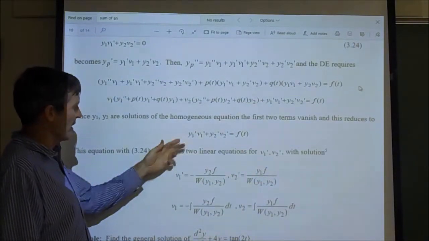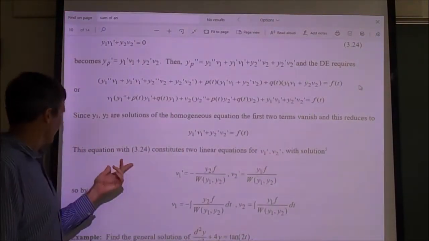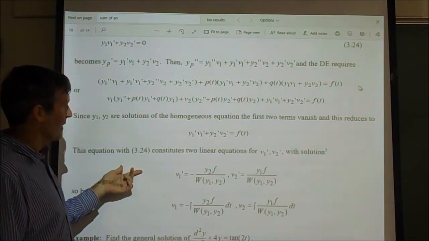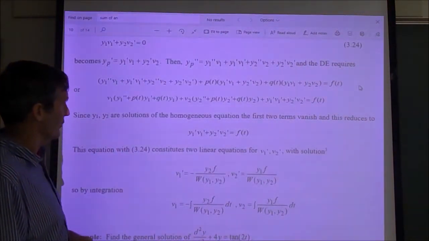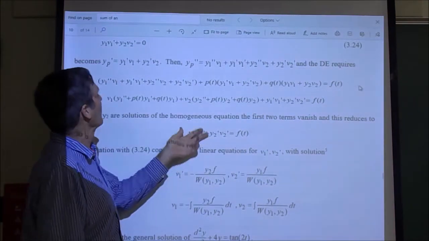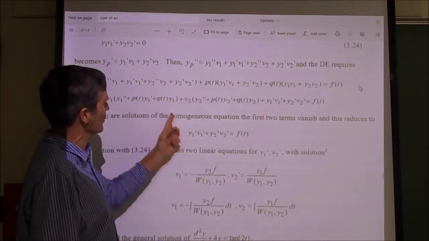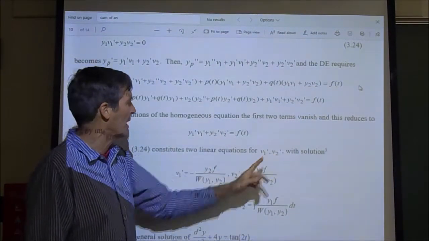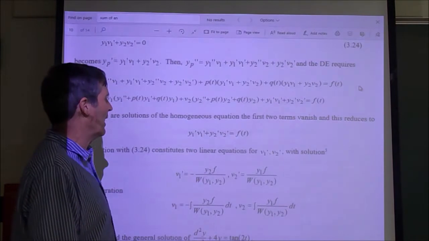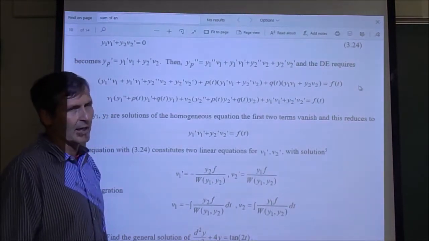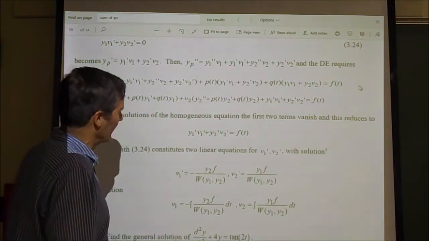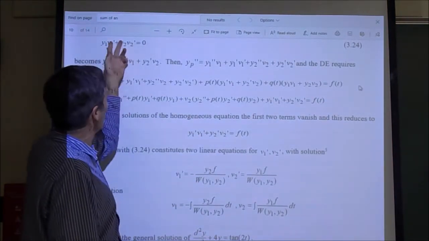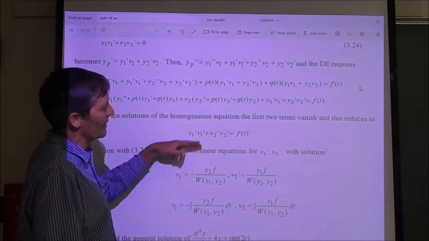And now, can we solve this? Yes, we can. This equation, together with the assumption up here, amounts to a system of two linear equations for the two unknowns v1 prime and v2 prime. If you've seen linear algebra, you apply Cramer's rule, or you can add a multiple of one equation to the other to eliminate coefficients.